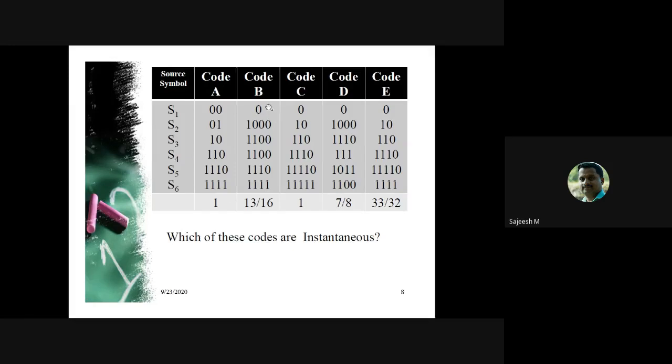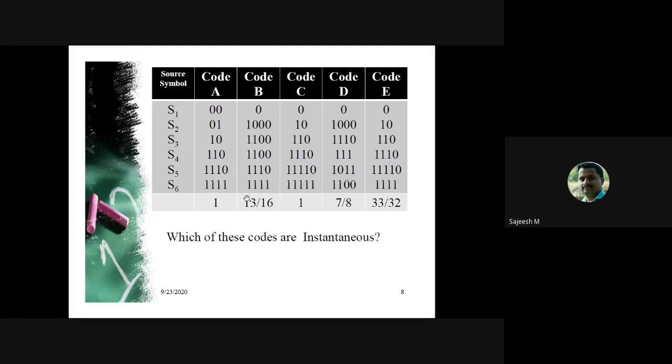Similarly, using the Kraft inequality expression, we calculated the left hand side value, sigma k equal to 1 to q 2 raised to minus lk, where lk represents the length of the code word of the kth symbol. For the first code it is 1, second code 13 by 16, for the third one it is 1, then 7 by 8, and here 33 by 32. You can check this calculation later.